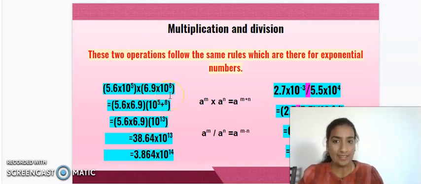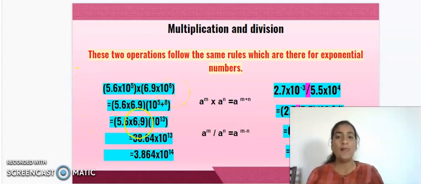For these cases, the operations follow the same rules which are there for exponential numbers. Now see, 5.6 into 10 to the power 5 multiplied by 6.9 into 10 to the power 8. What we have to do is first multiply the coefficients and multiply the exponents.